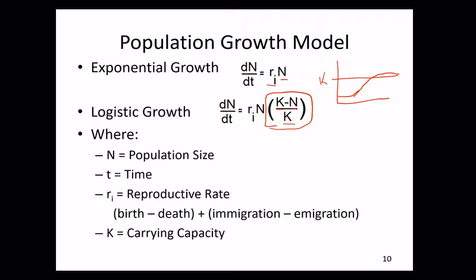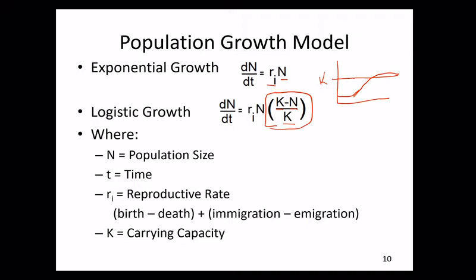The closer the population is to the carrying capacity, the lower this number is, which means the population growth is slowing and slowing more. At carrying capacity, theoretically, this will be 0, which means there's no increase or decrease in the population size.